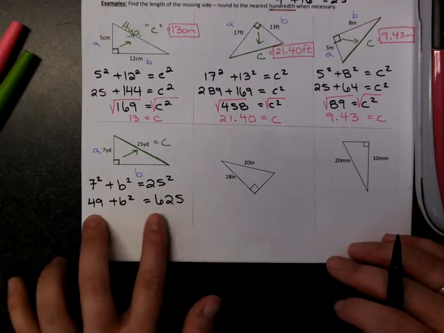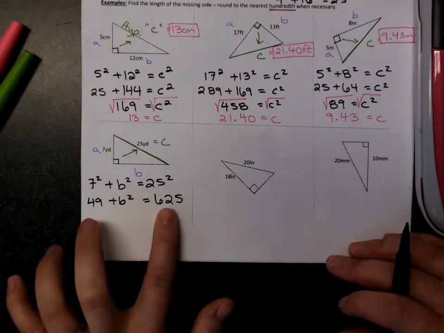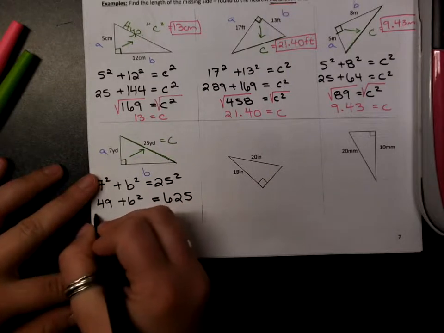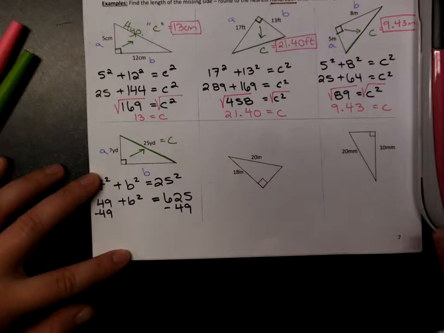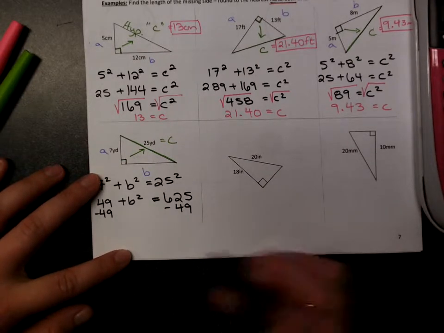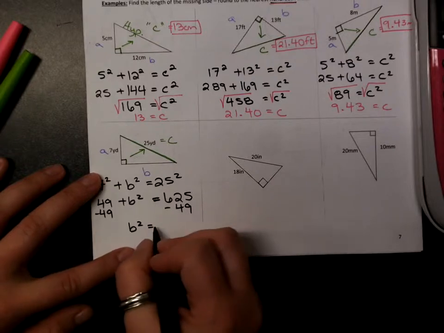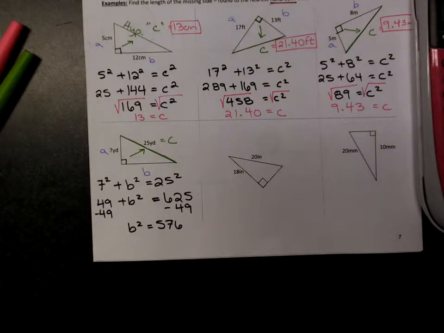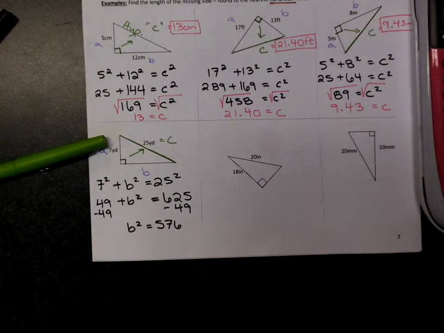Now this time we're not going to add these two numbers together because we're missing this one. Instead, we're going to move this 49 over here. And remember, when we move things across the equal sign, we have to subtract. So we're going to subtract 49 from 625. That's going to give us 625 minus 49 is 576. Now we have B squared equals 576.